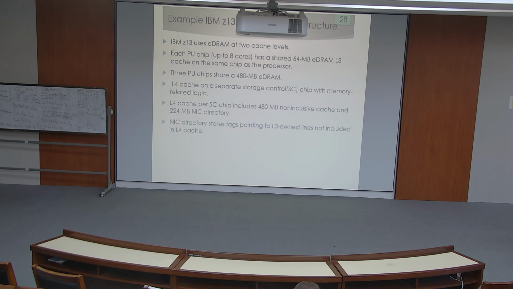Here we have an example of the IBM z13 EDRAM cache structure. The IBM z13 uses EDRAM as a two-level cache memory, and each PU has up to 8 cores. We discussed this, and it has a shared 64 megabit EDRAM level 3 cache on the same chip as the processor.